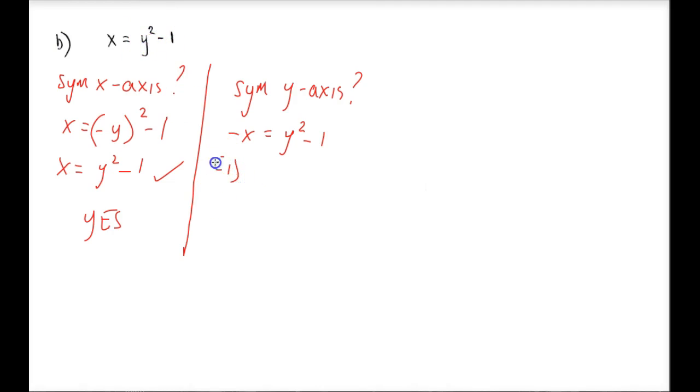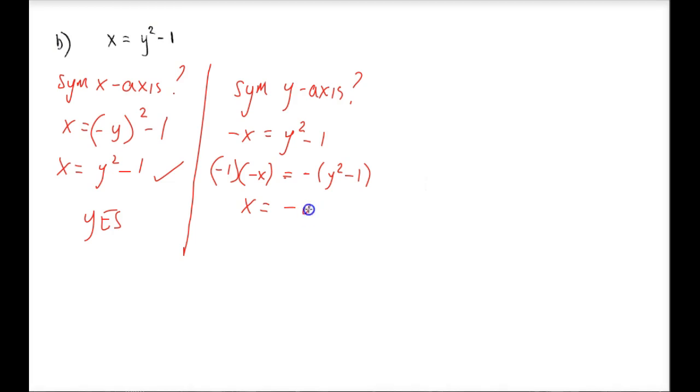And we can do that by multiplying by a -1. And you notice sometimes I put just a negative here, and other times I put explicitly a -1. It doesn't matter what you do as long as you understand that you need to multiply by a negative and change the signs.